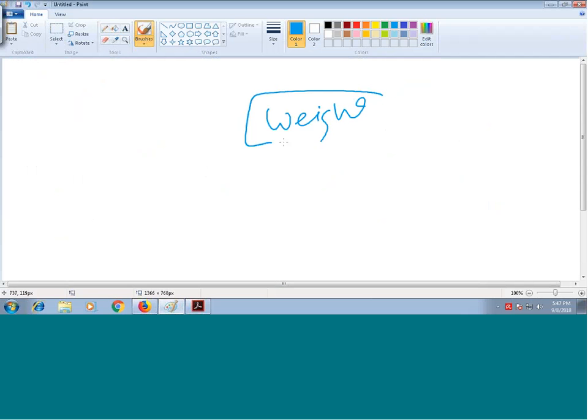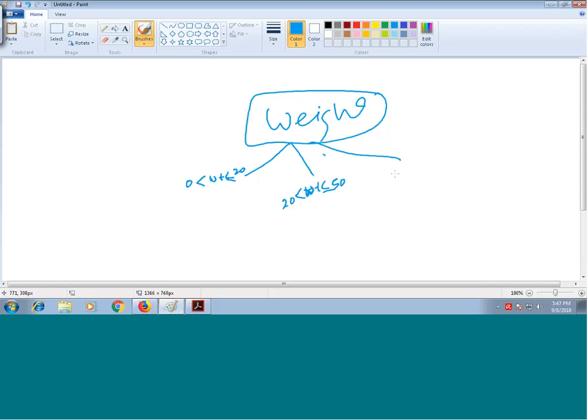You can say the weight is greater than 0 and less than or equal to 20 kg. Another category is weight greater than 20 and less than or equal to 50 kg.